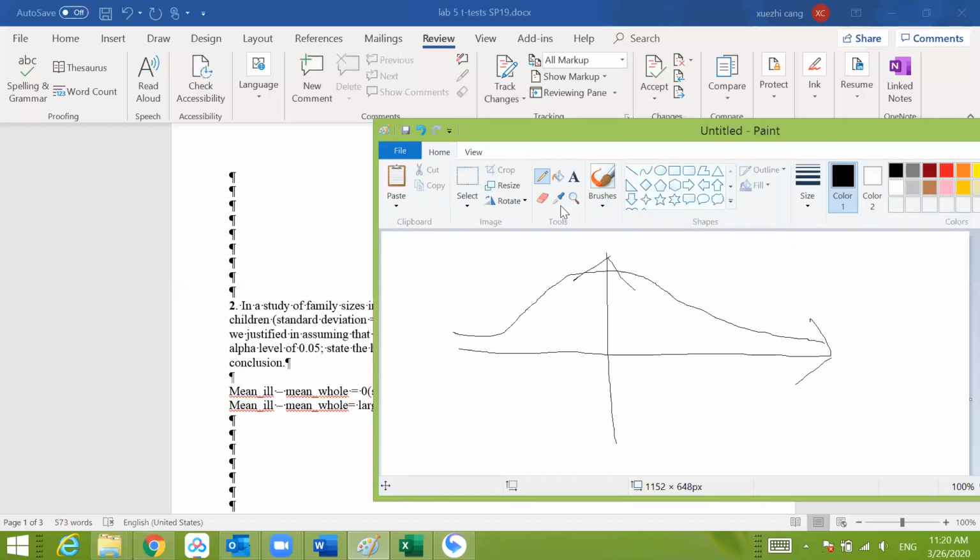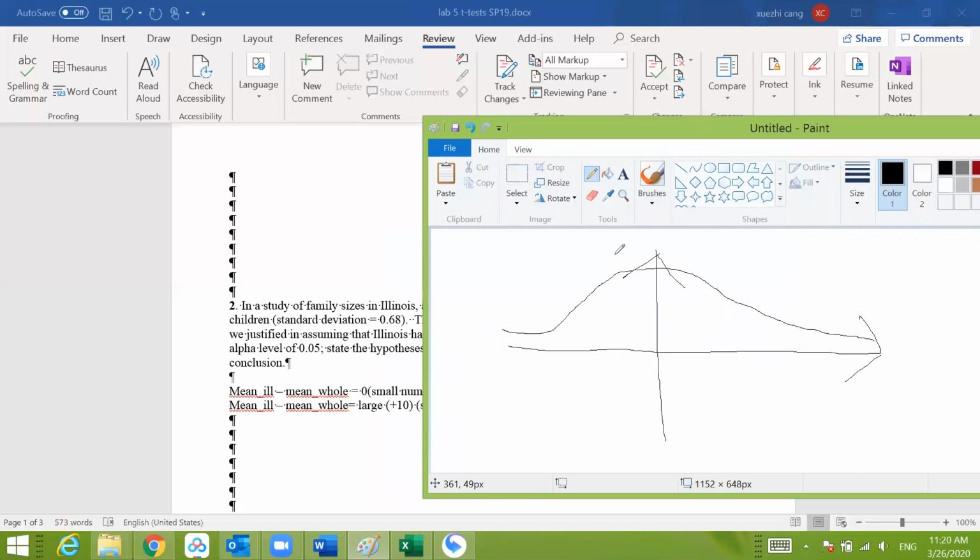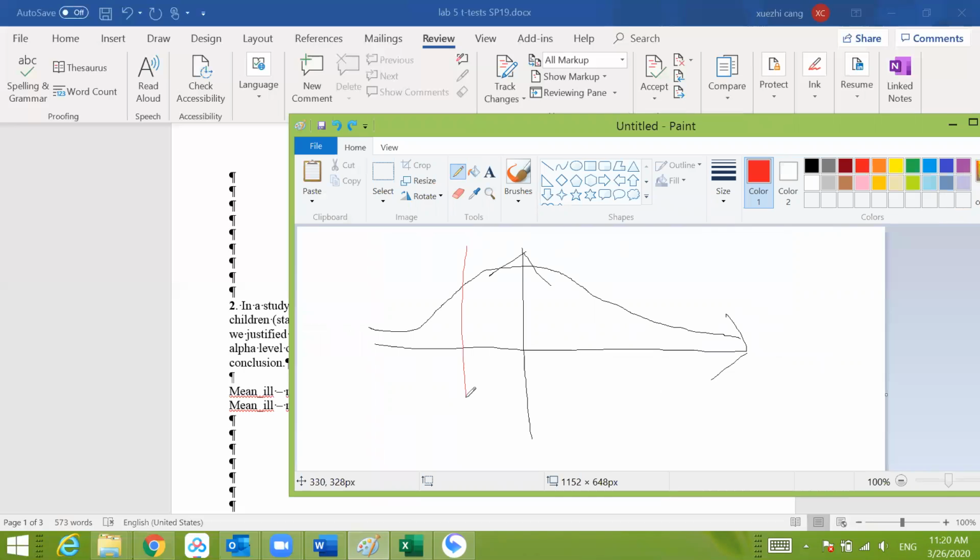If they are from the same group, then the difference between these two average values will be close to 0, which means it will be located in the middle part of this distribution.